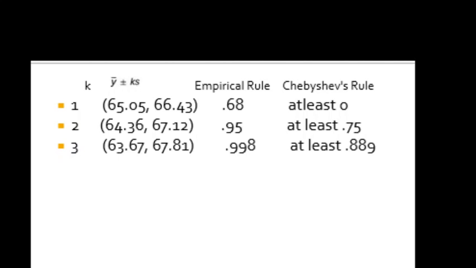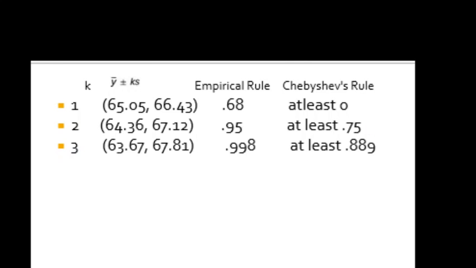Approximately 95% of the measurements will lie between 64.36 and 67.12. Approximately all observations will lie between 63.67 and 67.81. If we use Chebyshev's rule, then we have these numbers which are more conservative.